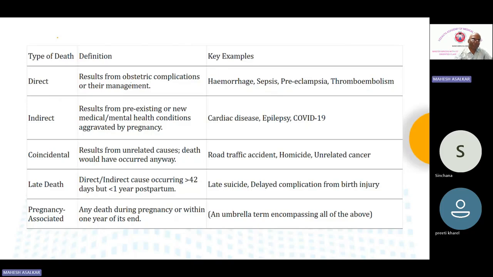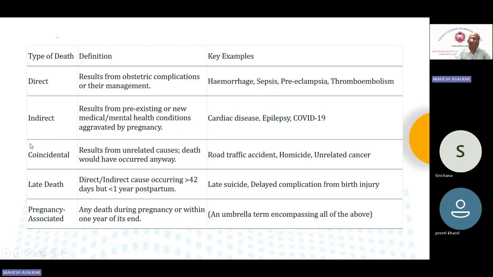Examples are cardiac disease, epilepsy, COVID-19, etc. As far as mental health is concerned, here they are mainly talking about drug abuse, alcohol, or substance abuse. But suicide per se, maybe secondary to mental health, comes under the direct causes, which we will see in the subsequent slides.